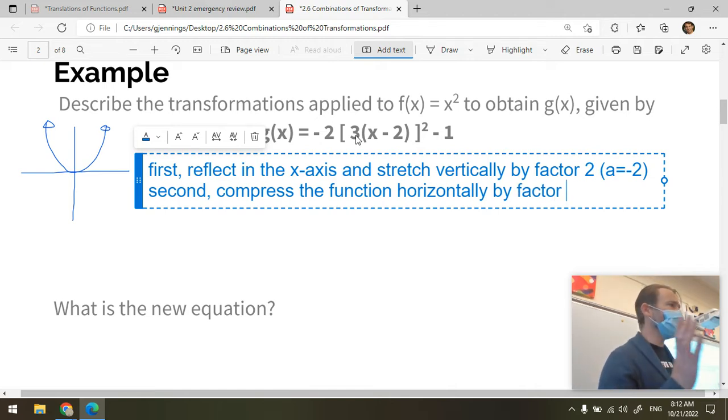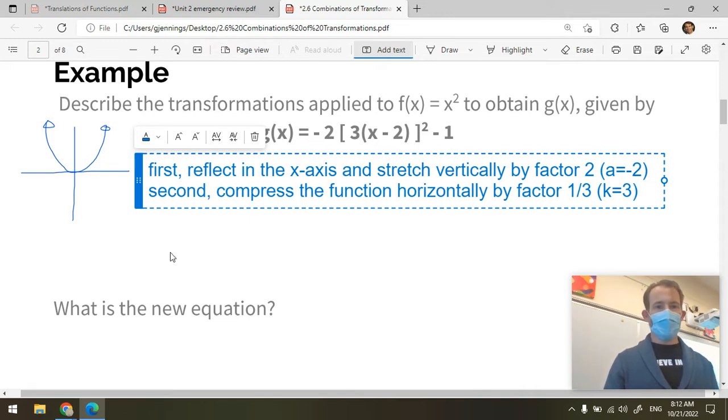If you said compress by factor 3, I think that's okay. If you said compress by factor 1/3, I think that's okay. I would say stretch by factor 3, and compress by factor 1/3. I think that's fine. 1/3, and that's a result of K being 3. There we go. Now we've done all of our stretches and compressions.